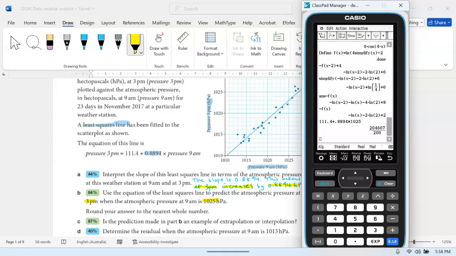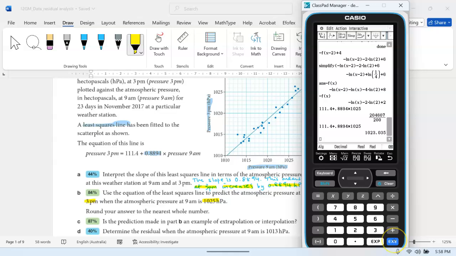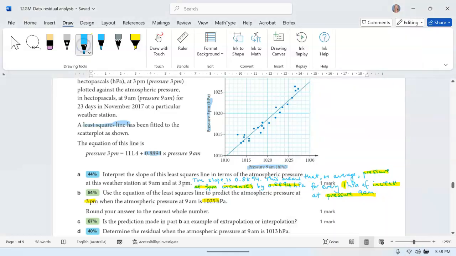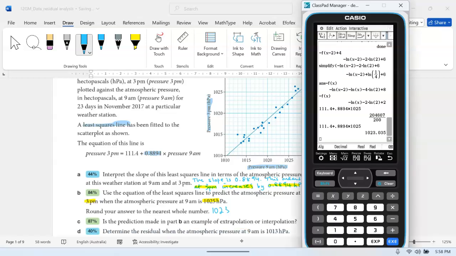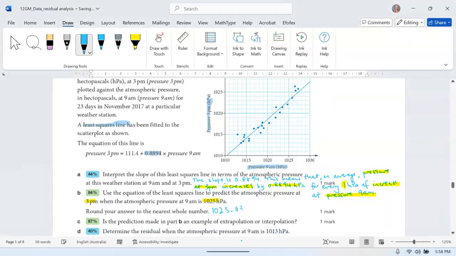I've got my calculator on exact mode, so I can just change that. We've got to do it as the nearest whole number, so write it to more decimal places and then do your rounding. So 0.035, which is approximately 1023. You don't have to give units, easy peasy, just write your answer.